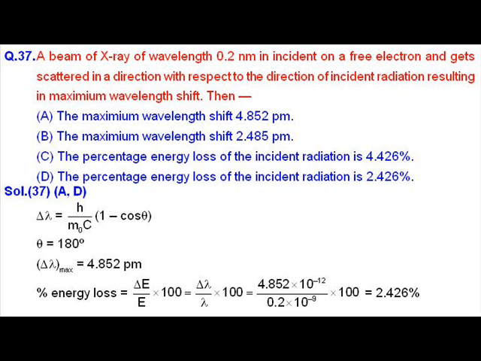So we will substitute the value of change in wavelength as 4.852 into 10 raised to power minus 12 meter divided by the initial wavelength, that is 0.2 nanometer, so it will be written as 0.2 into 10 raised to power minus 9 meter, multiplied by 100. So the percentage energy loss will be 2.426%.